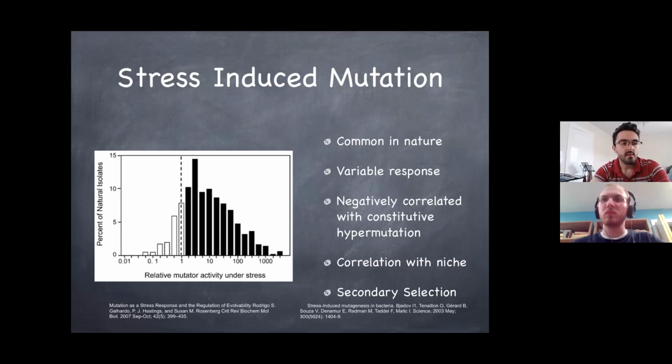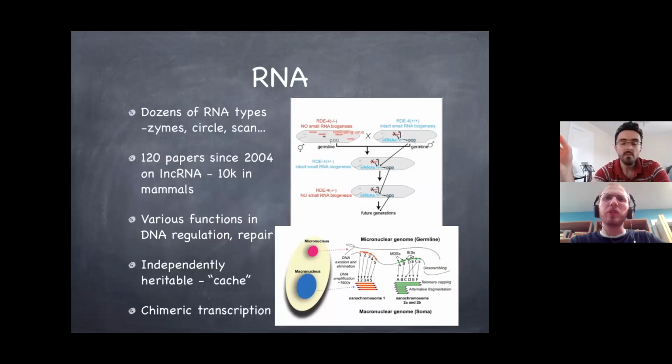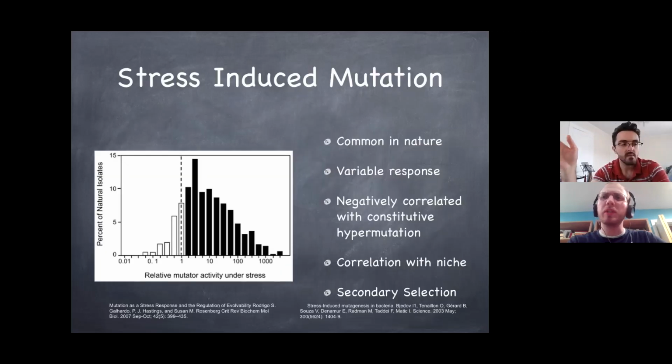I won't go into the weeds of the technical aspects, but it occurs again in a wide variety of bacteria, and it seems that different patterns of mutation occur in response to different stressors.